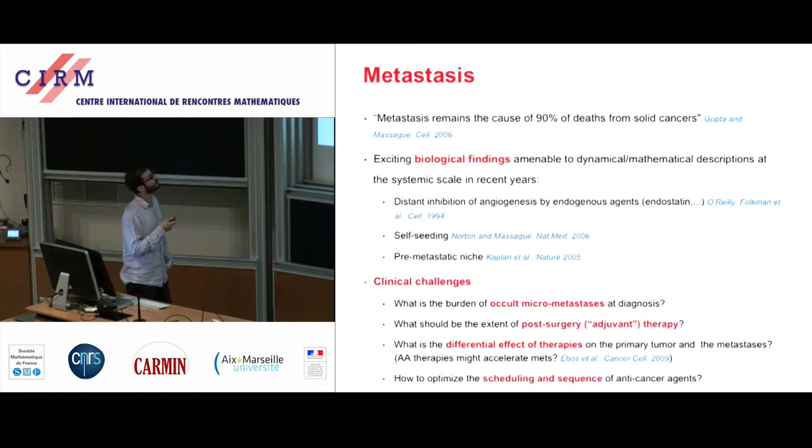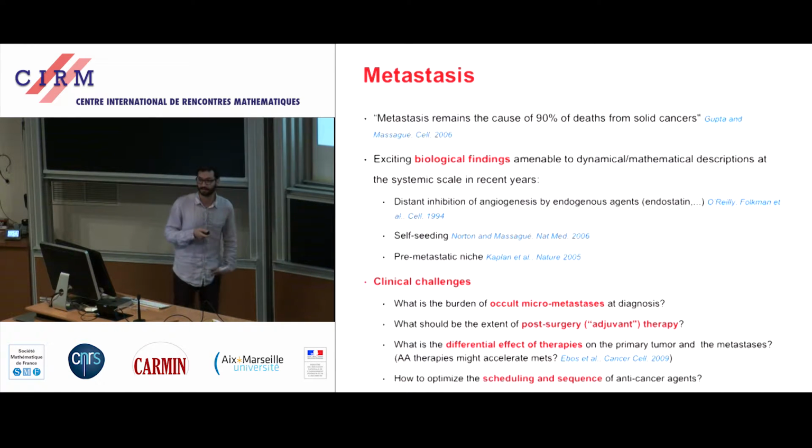And on the biological side, there have been exciting new biological findings in recent years that are amenable, I think, to a dynamical and mathematical description, in particular in the framework of the formalism that I will present to you here.